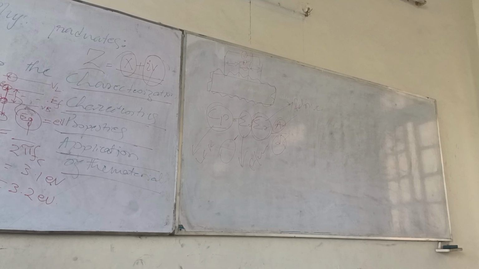Those are the basic properties or characteristics of a material that you must know before performing a research type task, because they will help you in designing your what? The last one is what? Application.